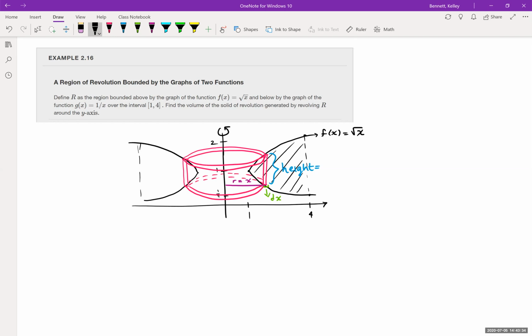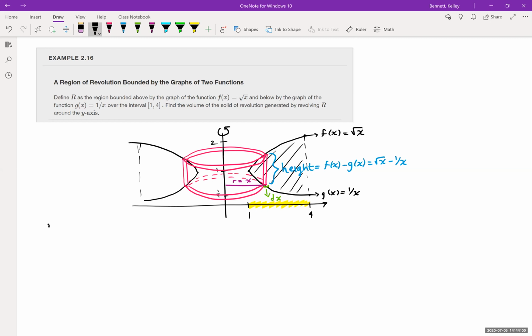Maybe I should label g of x. So remembering that g of x is 1 over x, our height is just going to be f of x minus g of x, which is root x minus 1 over x. So now we can put it all together. Remembering that we're integrating over this interval here. These are all the possible x values we can use.